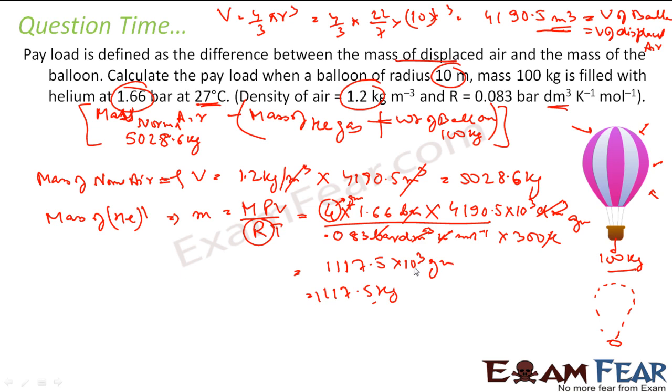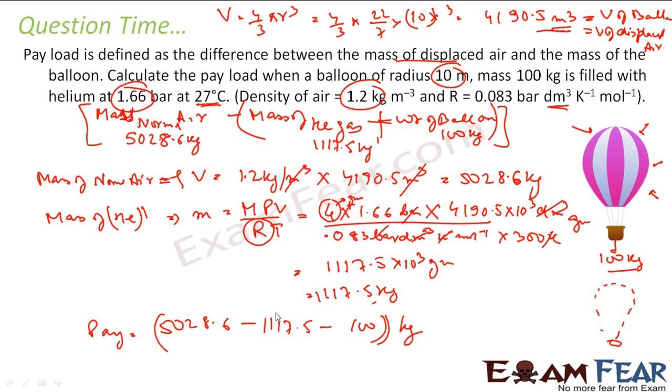In gram, I convert it into kg, I got these values. So this is my 1117.5 kg. So everything is in kg, I can apply maths here. So my payload will be this value, 5028.6 minus this 1117.5 minus 100 in kg.